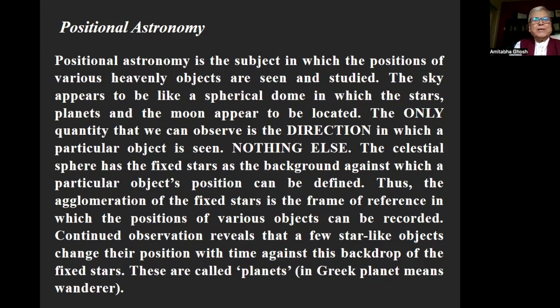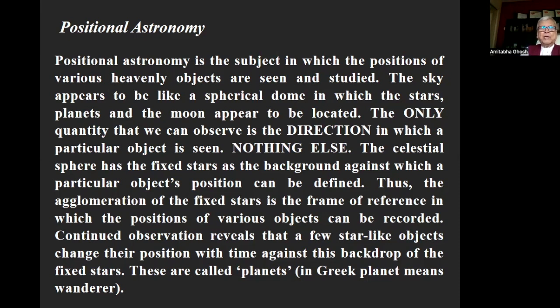So what is positional astronomy? I have mentioned here. It is the subject in which the positions of various heavenly objects are seen and studied. Now, you all know that because of the immense distance of all the heavenly objects, we can't have a perception of depth.